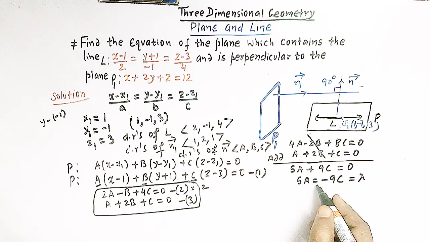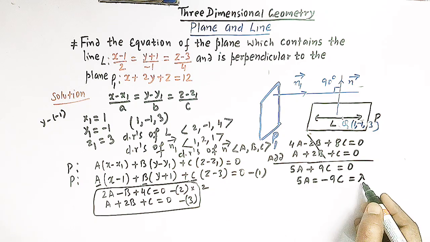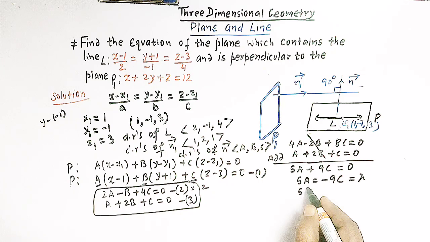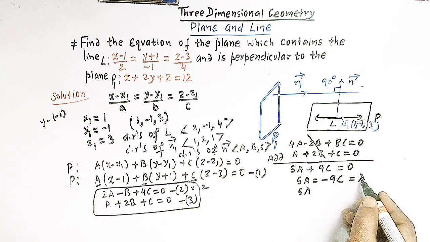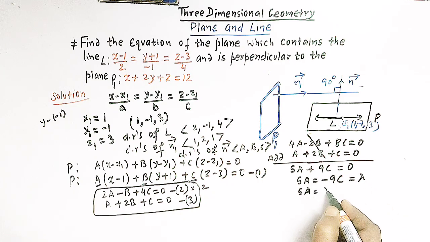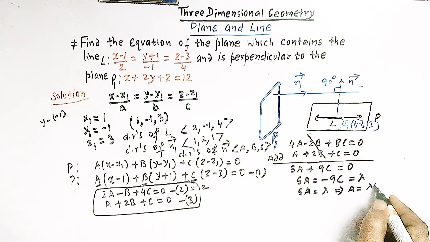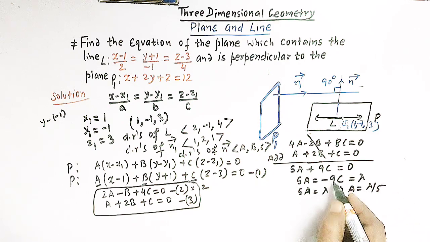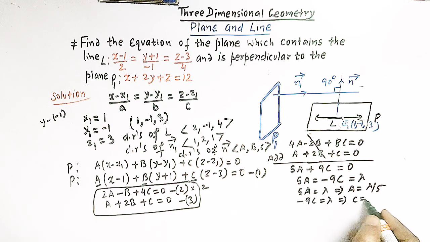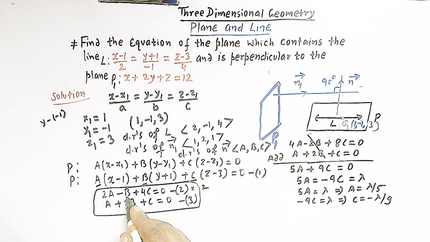So 5A is equal to minus 9C is equal to lambda, so that we can now write A and C in terms of lambda. So 5A is equal to lambda, so A is equal to lambda over 5, and from minus 9C is equal to lambda, C is minus lambda over 9. So let us substitute A and C in any of these two equations to get the value of B in terms of lambda, right?